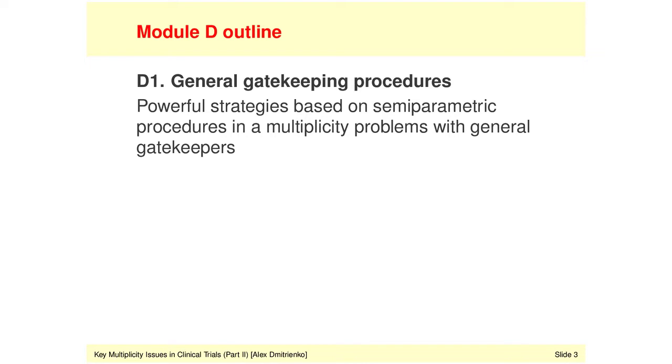So as you can see, there's only one section in this module, that is section D1, General Gatekeeping Procedures. And this section is going to focus on a general class of procedures that can be constructed using the mixture method, and we will refer to them as mixture-based gatekeeping procedures.